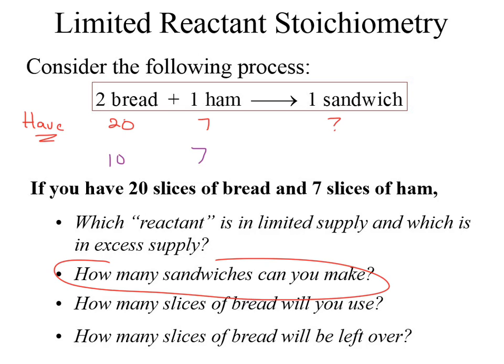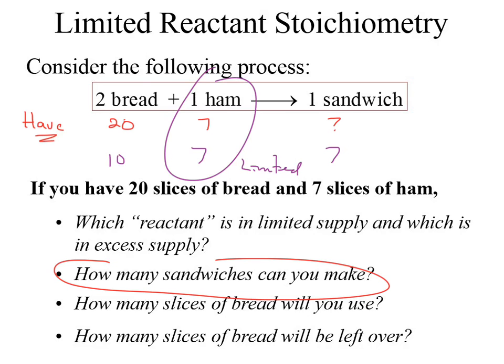Do you see where I'm going with this? Seems like you can only make 7 sandwiches. Does that seem right? Just eyeballing it. So in this scenario, actually, ham is limited. And you're right. And there's certain questions that can come from that. So which reactant is in limited supply?